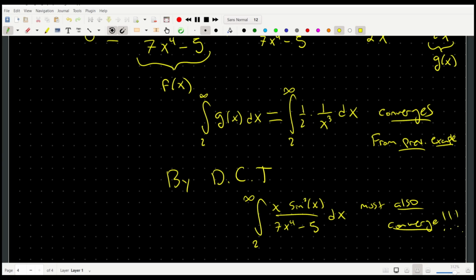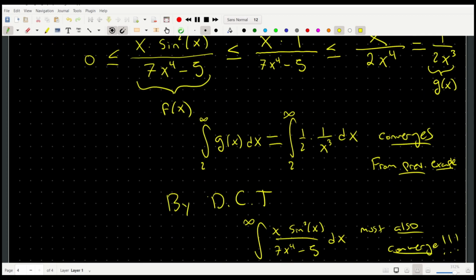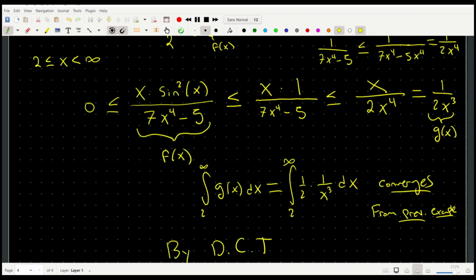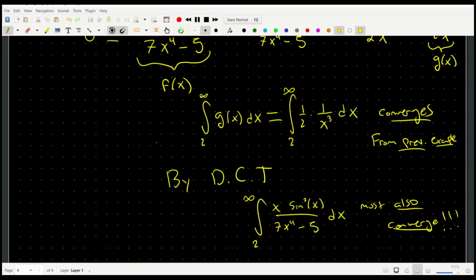And there you have it. We've proven something mathematically about the improper integral of a very complicated function using a much simpler integral. And this is the heart of this direct comparison theorem.